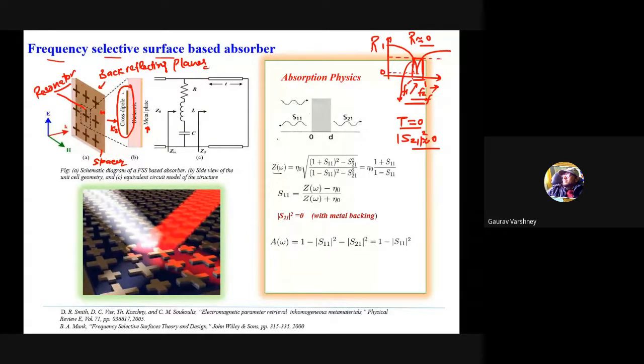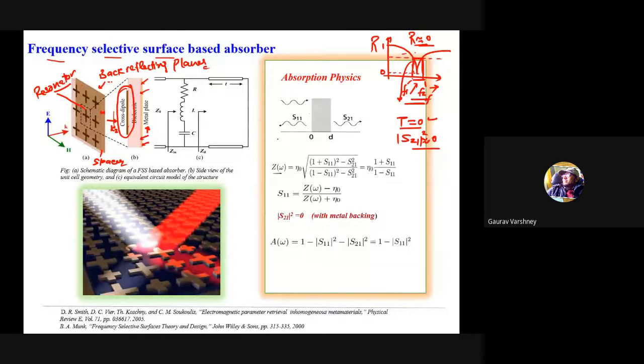So this resonator unit already provides reflection of near about zero within a certain frequency range or spectrum. Now we have to make the transmission zero. So we will place a back reflecting plane at the back side, which is a metallic plane, and this acts as the reflector.